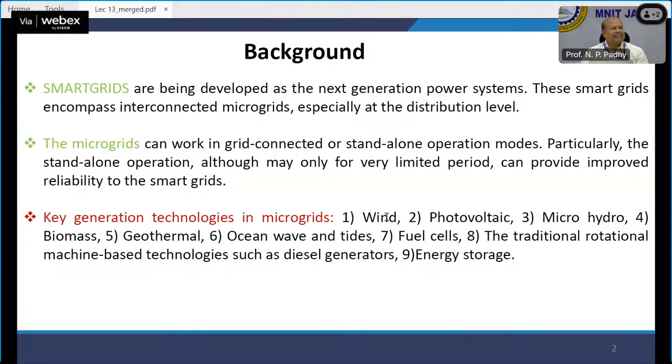So conventional hydro plants are conventional sources. They are not renewables. No, they're considered renewables, but they're not part of microgrids, because they're so heavy by themselves. Let us say we have Tehri Hydro. It is a hydropower project, but it is not part of the microgrid.